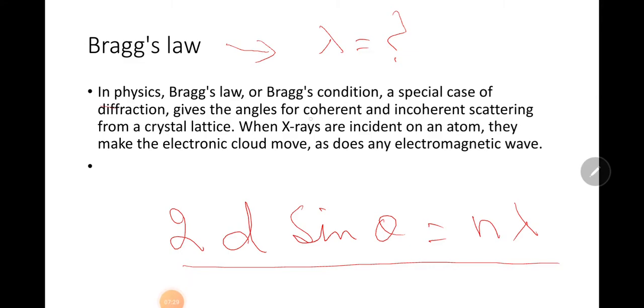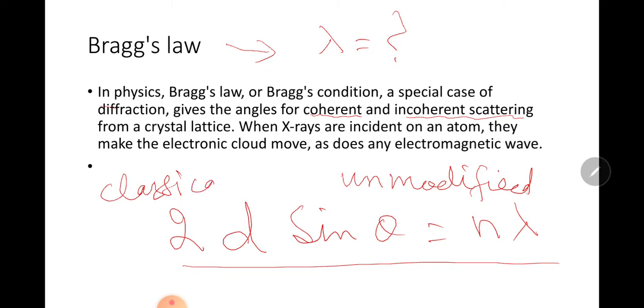Now here, coherent and incoherent scattering. First I will explain coherent scattering, also known as unmodified scattering, classical scattering, or elastic scattering.